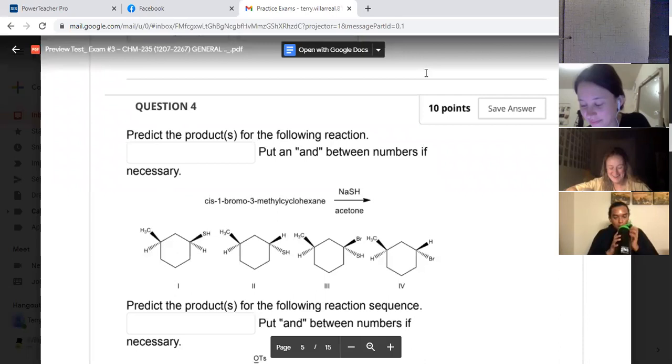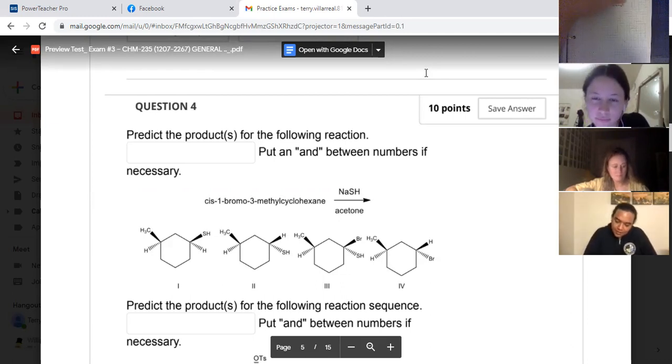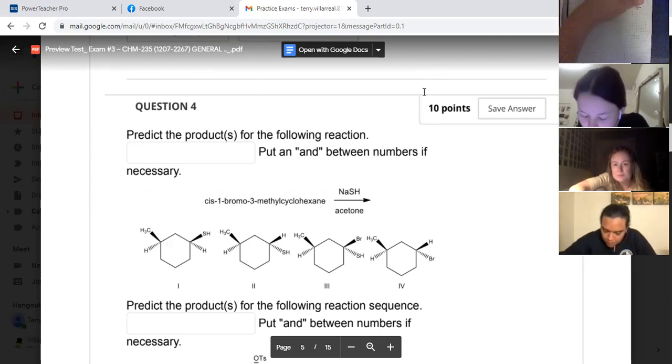But essentially what might be good is we know that we are reacting cis-1-bromo-3-methylcyclohexane, and I know that I'm reacting it with Na plus and SH minus.